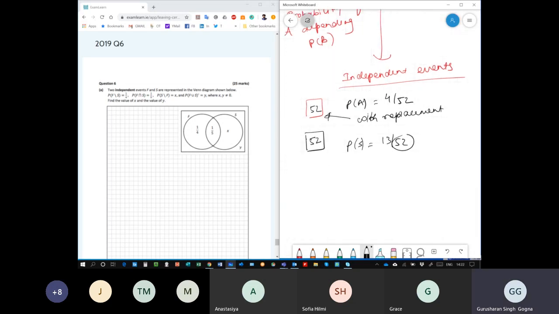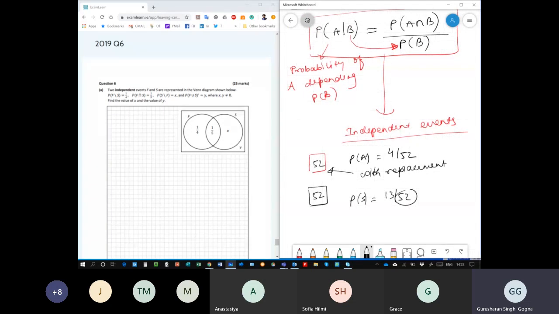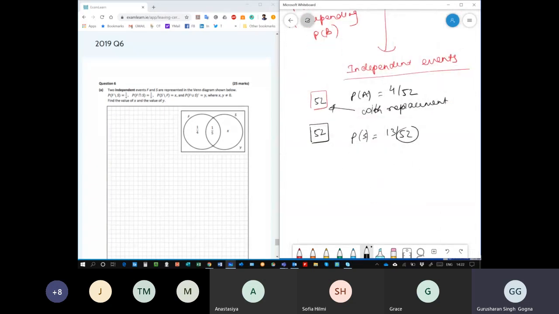So these events are called independent events, and in that case, P(A | B) will be equal to probability of A, because it's not now the conditional probability. Okay, it's not the conditional probability.